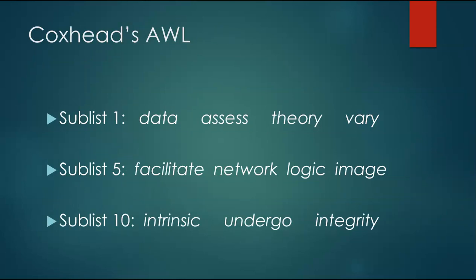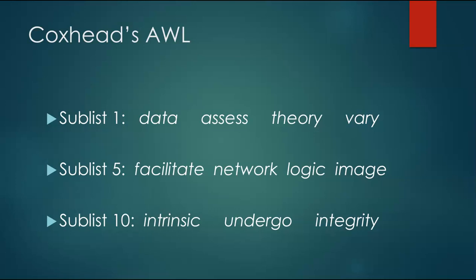I mentioned sublists, and the first sublist is the most frequently used of those 570 words. These are academic words, so they're going to be words that you're going to find in a lot of different academic subjects, like data, assess, theory, vary. When you get to the middle list, sublist 5, you'll find words like facilitate, network, logic, image, maybe less frequently used academic words.